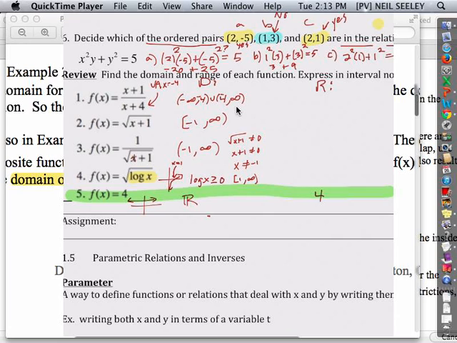Number 4. Let's get the range on 4. If I do radical log of x, and the first x I put in there is 1, it gives me 0, and then the next number I put in is something bigger than 1, I get something a little bit bigger than 0. You'll find that this whole graph starts at a height of 0. You can get 0 for this function, and it climbs up.